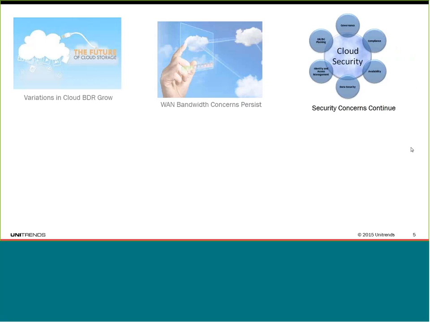Security concerns will continue, and we really don't need to talk about that much beyond the fact that it's a natural concern for some IT and business leaders to be concerned about moving data anywhere outside of their control. So here, just be sensitive to the importance of SSAE 16 and SOC certification at the cloud.